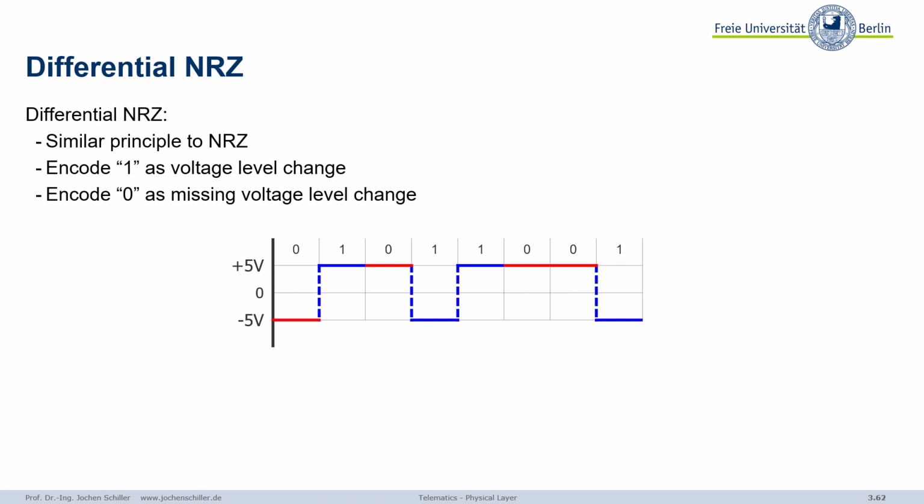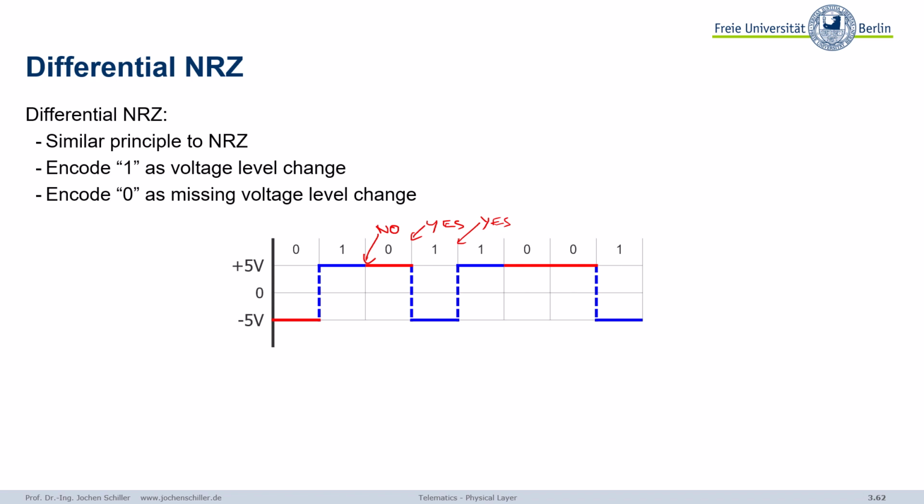But we now encode a 1 as a voltage level change, and for a 0 we do not change. You see here, no change because a 0 follows. Here we change because a 1 follows. Here we change because a 1 follows.